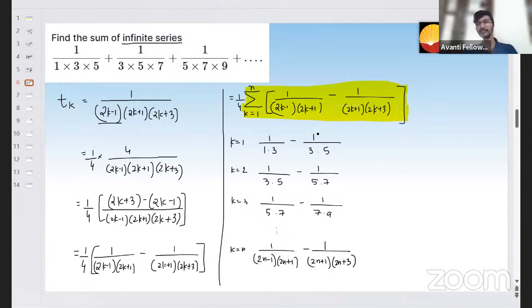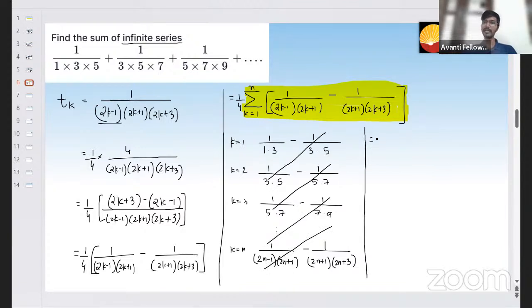Now, if you see, this all gets cancelled. This will get cancelled, this will get cancelled, this will get cancelled. Now, when we add all these, I'll be left with 1 by 4 into the first term, which is 1 by 3, and the last term, which is 1 upon 2n plus 1 into 2n plus 3.